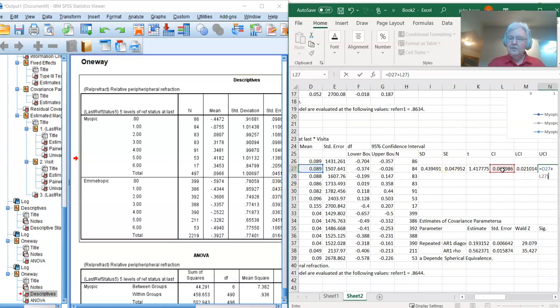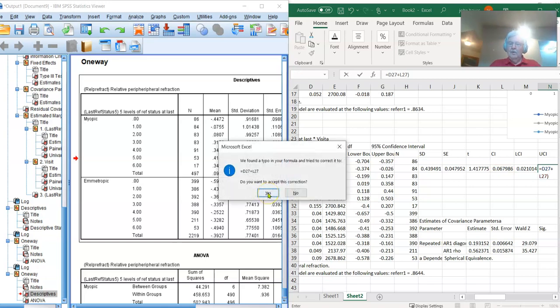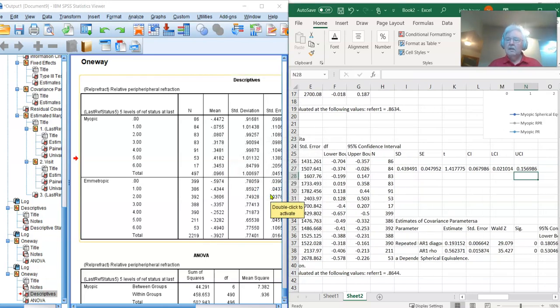And this is the width of the bar that we see when we, oops, what doesn't it like? Oh. So our confidence interval is really from 0.02 to 0.156 diopters around that mean. So this is what we're interested in looking at.